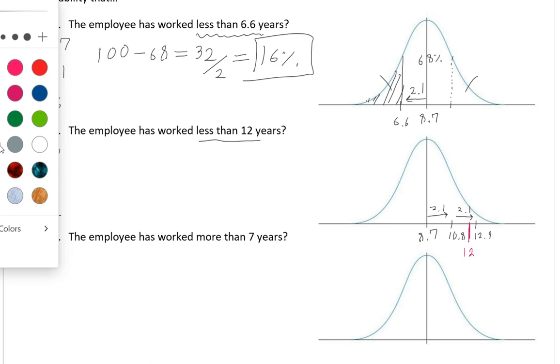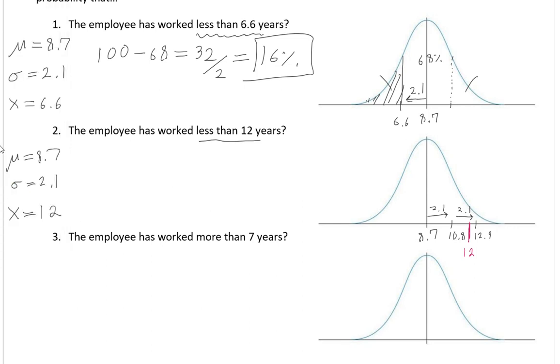Now, to solve this, we can find how many standard deviations away that is using the z-score formula. So z is equal to my number in question, 12, minus the mean of 8.7, divided by the standard deviation of 2.1. So that's what I'm looking for here.